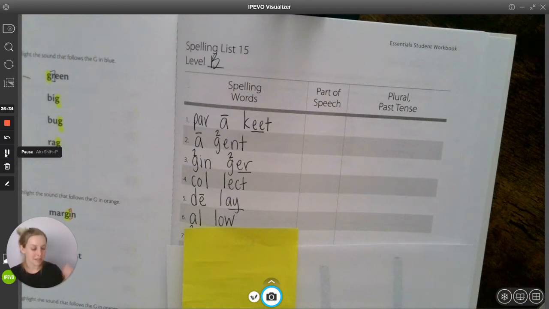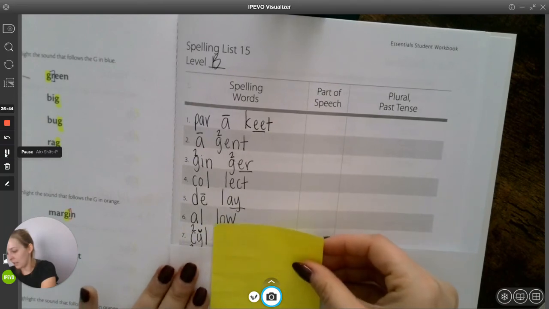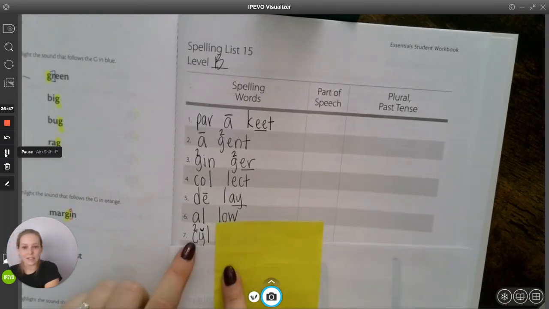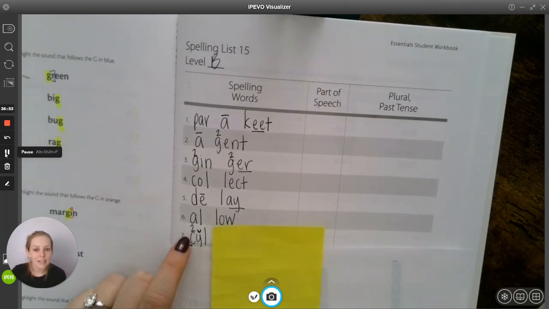Finger spell, pay attention. Y-I-I-E. Ol. You can see Y is using its I sound, so we put the breath above it, and C is saying its second soft sound, so we put the 2 above it.